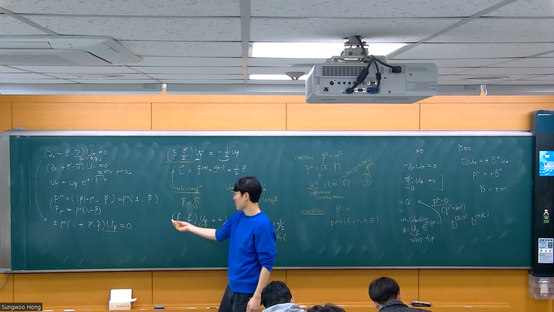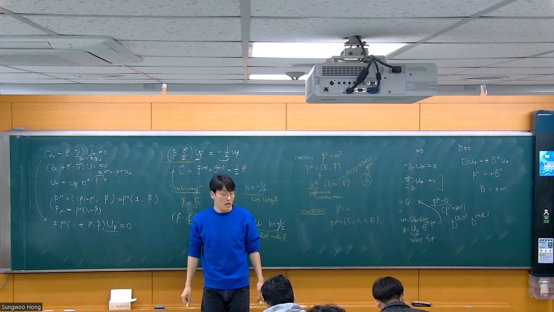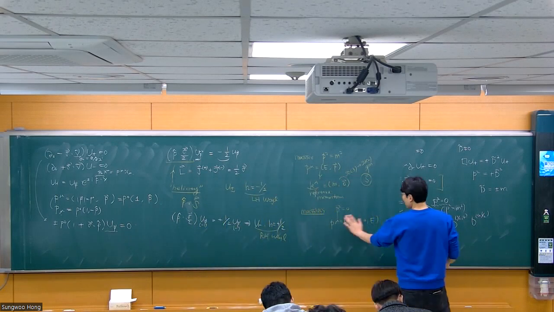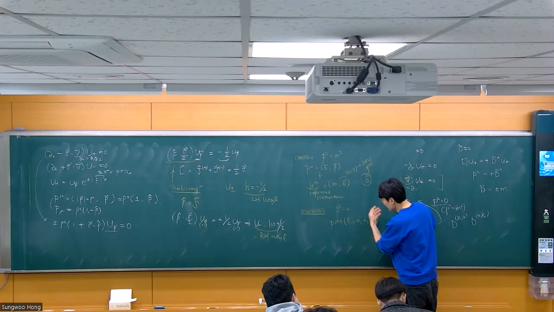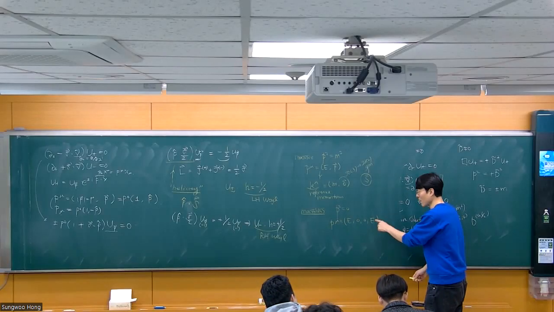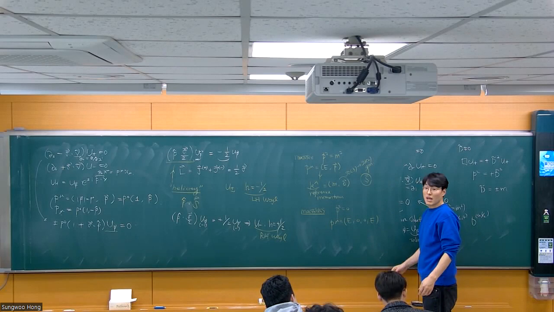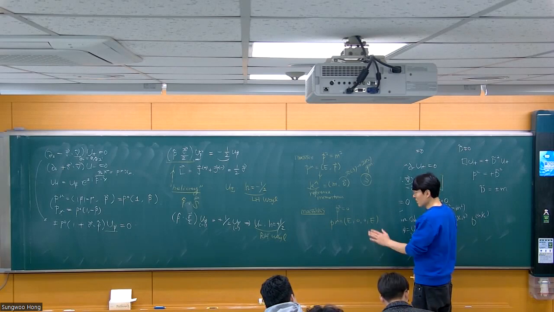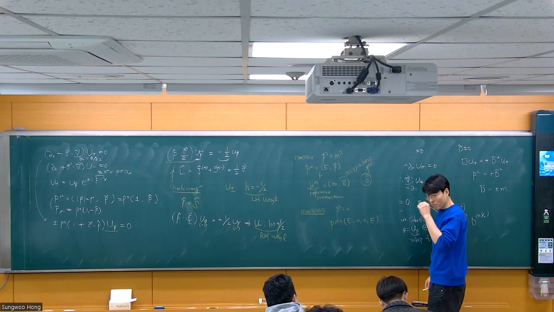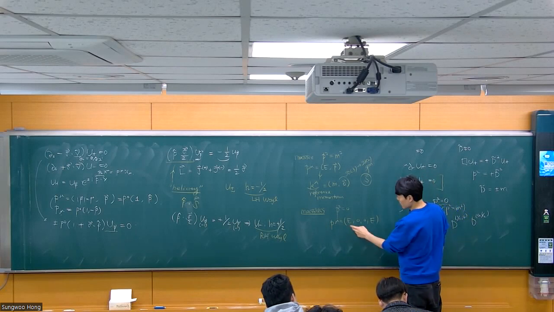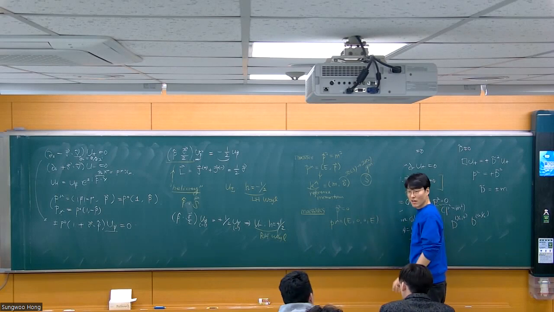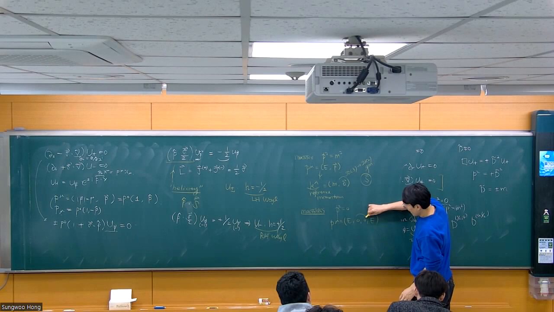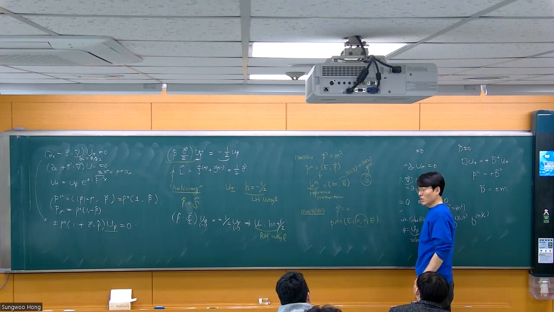Now I'm taking this as my reference momentum, and you can ask what is the immediate quantum number I can talk about in that frame, which means, what are the Lorentz transformations that leave this momentum invariant? Obviously, you don't want something that mixes up these two components, because it's going to change it to something else. But anything that acts only on these two components will leave this momentum invariant.